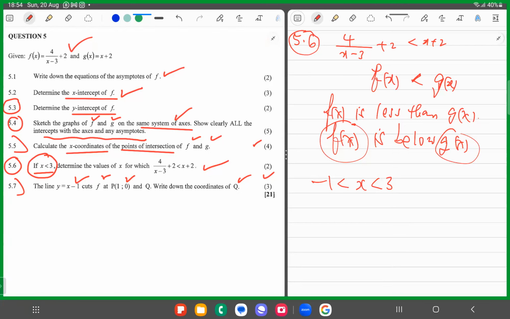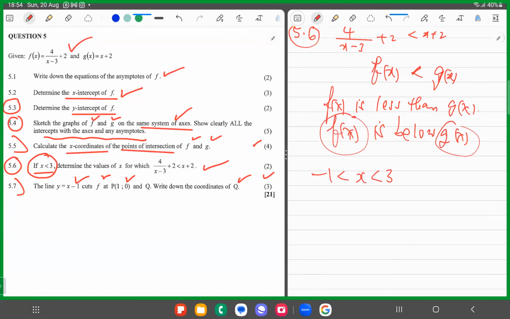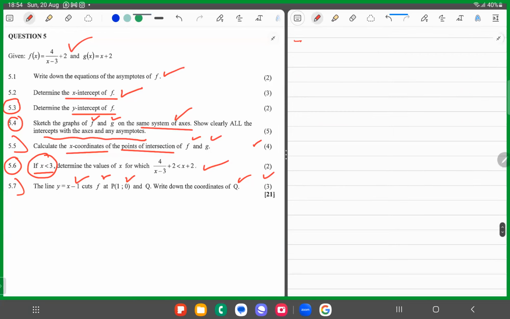Right, so this line in 5.7 has the equation y equals x minus 1. And this line cuts the function f at the points P and Q. Write down the coordinates of Q. So which means y equals x plus c.